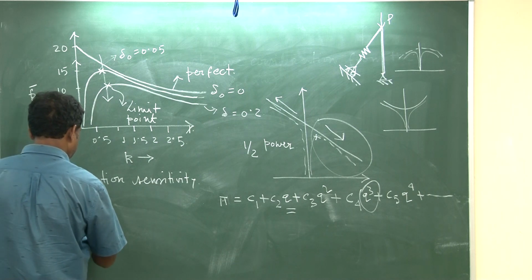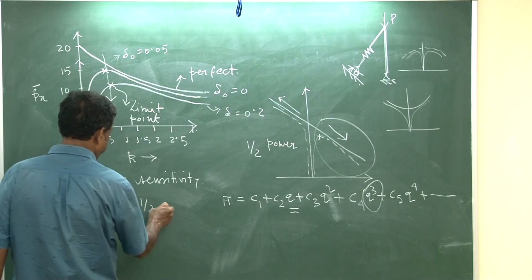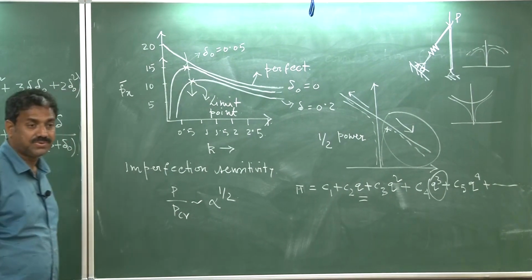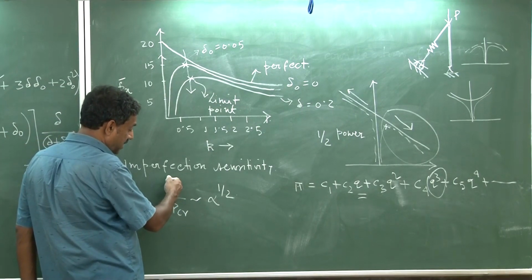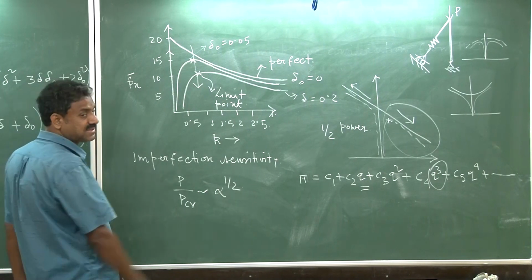P by P critical varies as imperfection to the power half. So, P is the limit point load, P critical is the critical load. So, with increasing imperfections, the load carrying capacity decreases, and it is the notorious imperfection sensitivity.